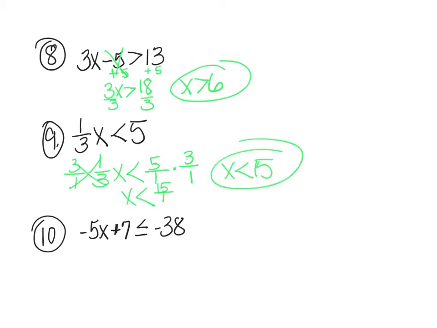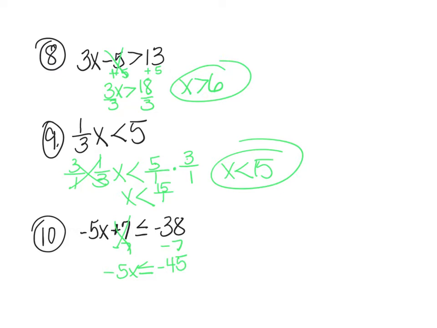Okay, moving to number 10. We're going to minus 7, minus 7. This cancels. Negative 5x is less than or equal to, and here you have a negative 38 plus a negative 7. In other words, you're going to add those and keep the sign, which makes it a negative 45.